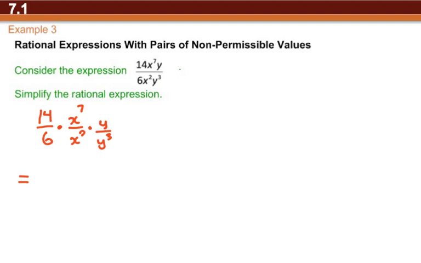We can divide them both by 2 and get 7/3. X to the 7th over x squared. We have 2 x's that we can cancel, so we would be left with x to the 5th.